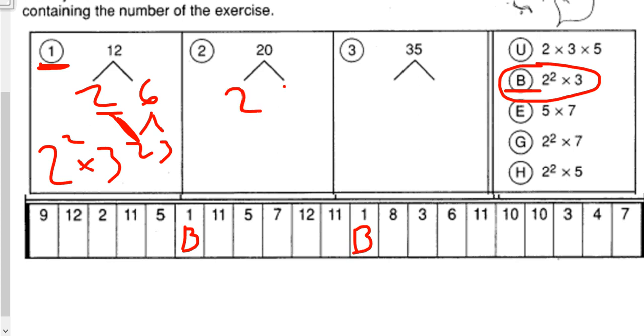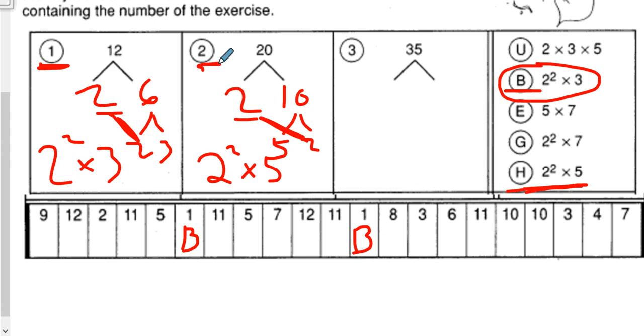I can do 2 and 10. 2 is prime, 10 is not. I can do 5 and 2. So I have 2 twos and 1 five, which is right here. So in spot 2, I'm going to put the letter H. And I think that's the only 2 there is.